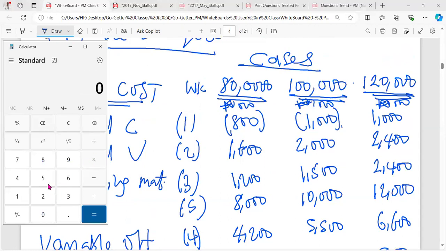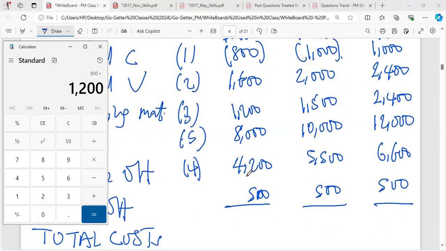This is 800, I'll put the negative sign before it, plus 1,600, plus 1,200, plus 8,000, plus 4,200, plus 500.